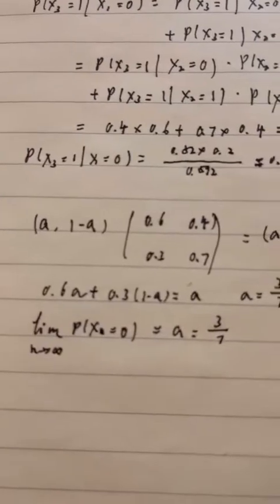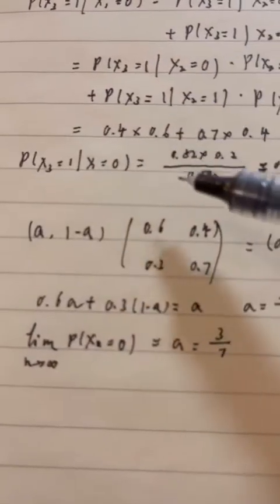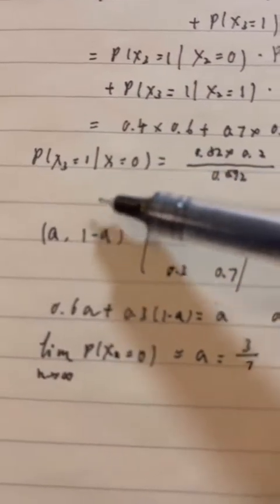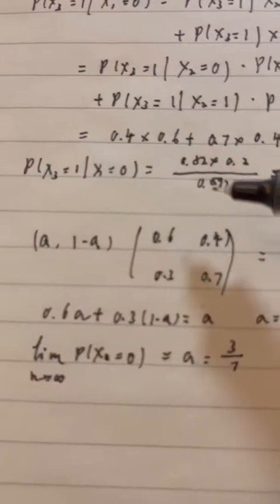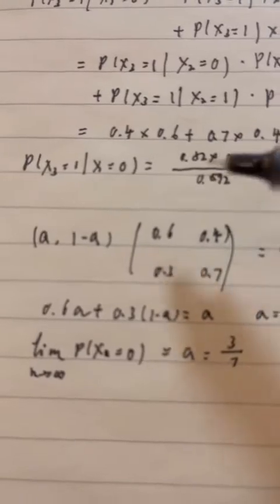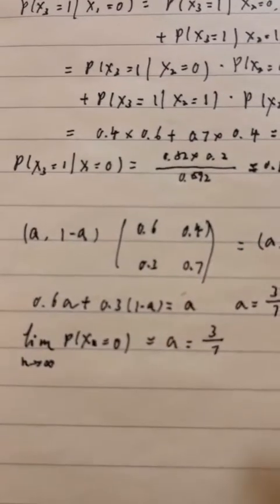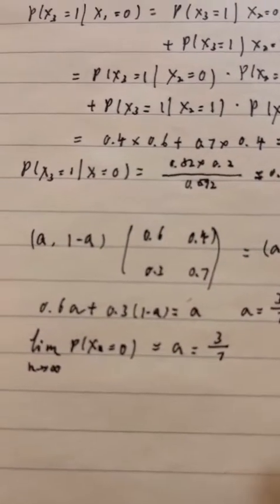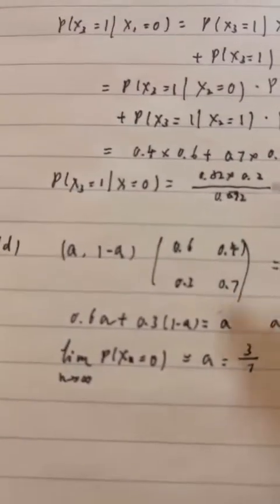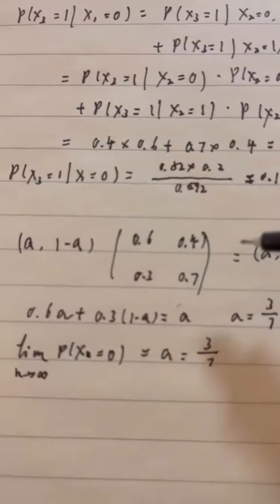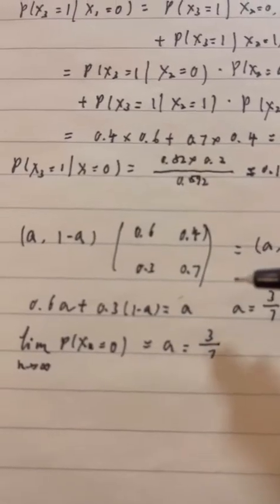So we can set the probability of P(xn = 0) as a, and of course P(xn = 1) is 1 minus a. After the noisy channel transition, it gets multiplied by the transition matrix 0.6, 0.4, 0.3, and 0.7.